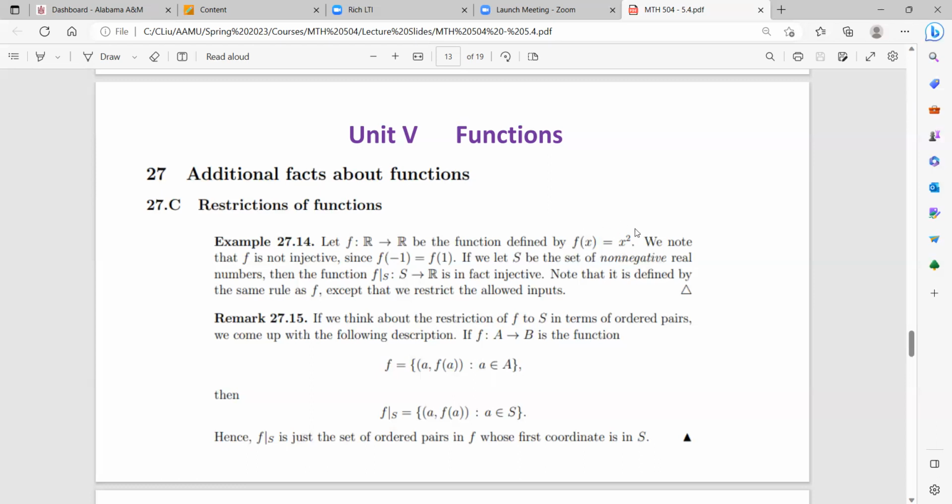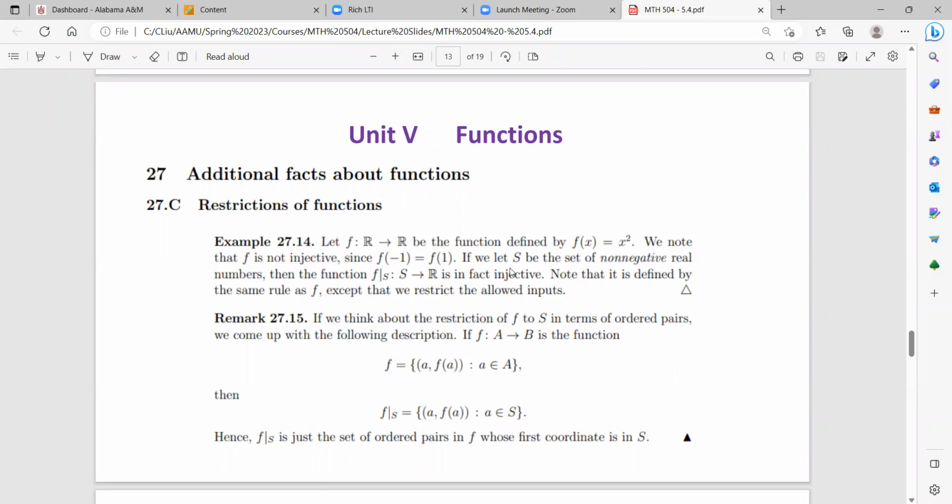That's just a parabola, the standard quadratic function. And we know this function is not one-to-one, not injective, because of course f(-1) equals f(1) equals 1, since the square of -1 equals 1.